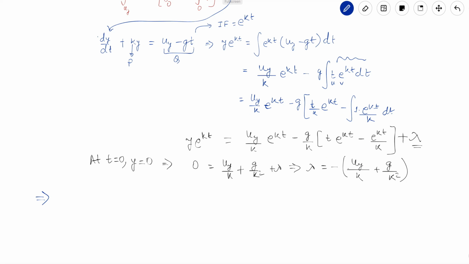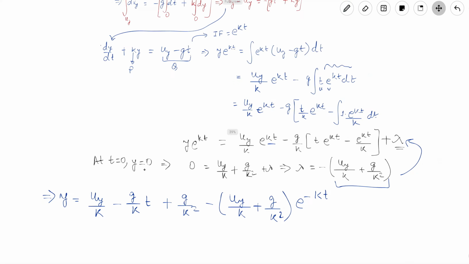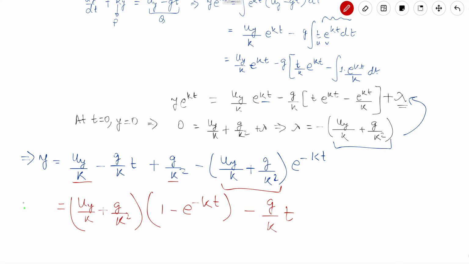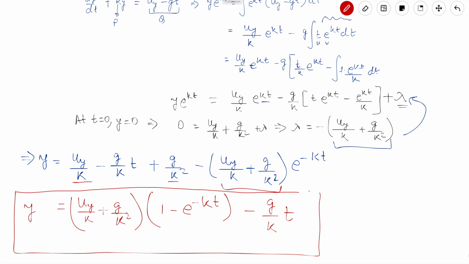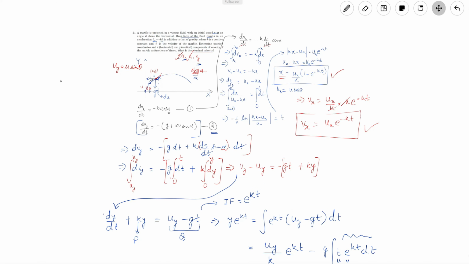Now if we plug the value of lambda in this equation, we will have the final solution, that is our final value of y as a function of time. You see, we got finally y as a function of time.